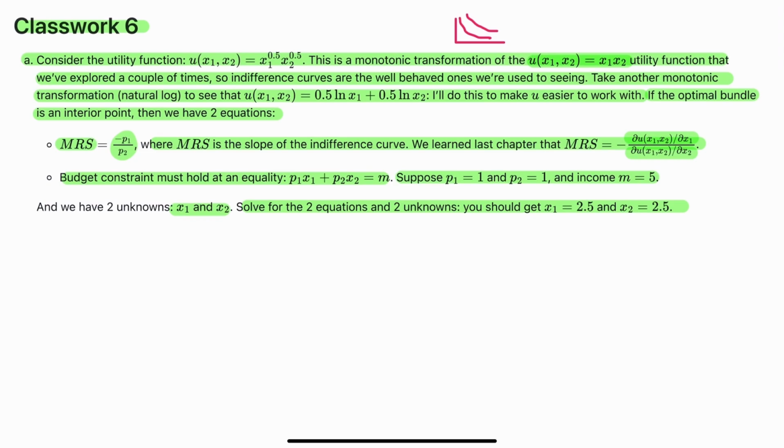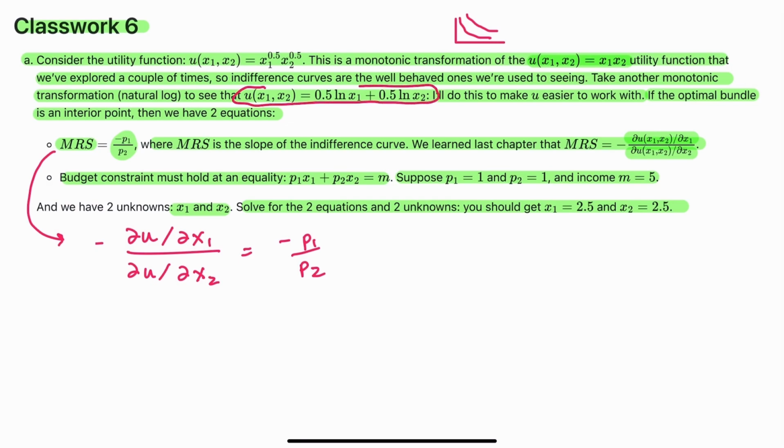So let's start working with the first equation here. We have that the negative partial derivative of u with respect to x1 divided by the partial of u with respect to x2 should be equal to negative p1 over p2. What is u here? We're going to work with this version, the easier one to work with. So what's the partial derivative of this with respect to x1?